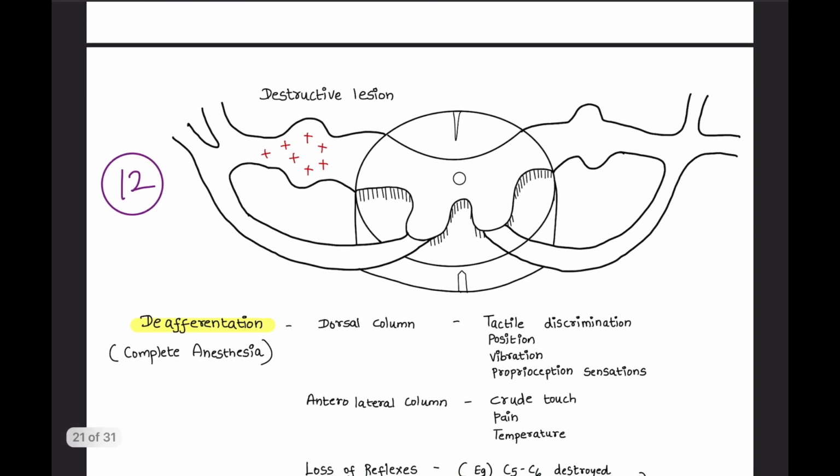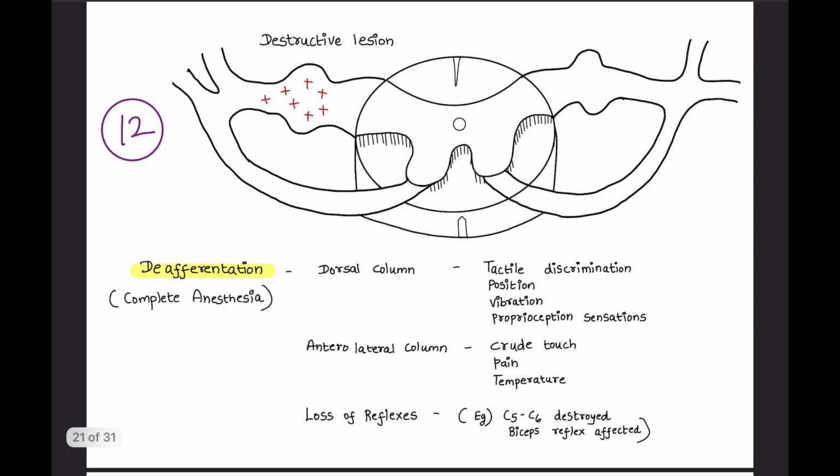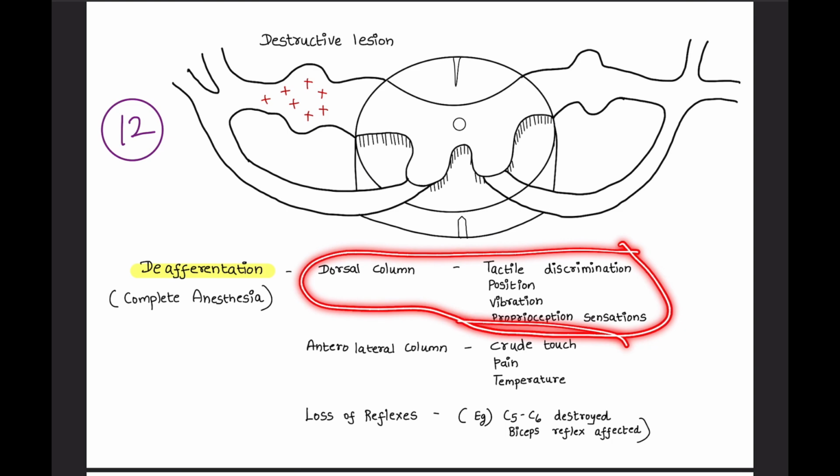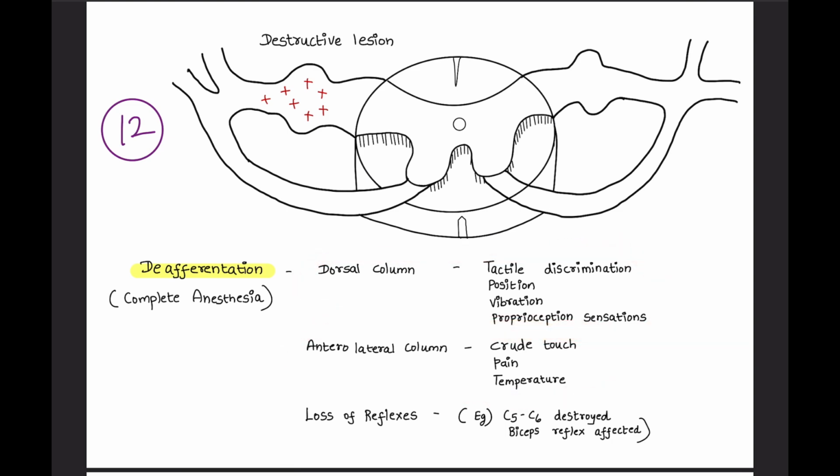Why dorsal column and anterolateral column sensations? Because the sensory nerve fibers, the information, are blocked here. Further, it will not go to the dorsal column or the anterior or lateral column. So the clinical features will correspond to the loss of sensations at the respective location.